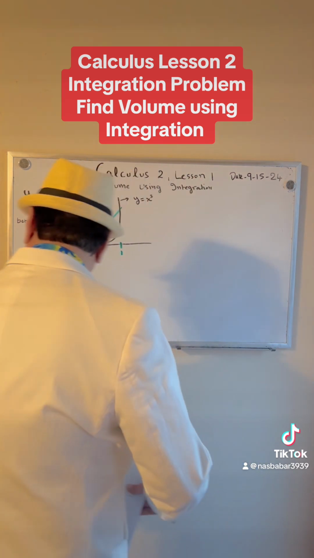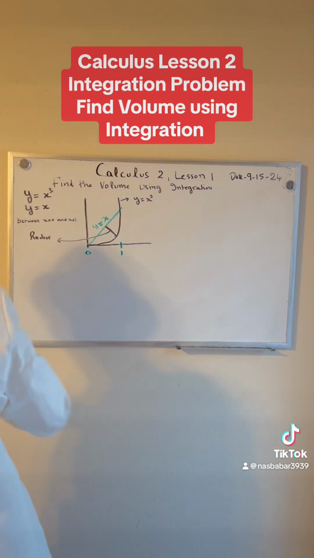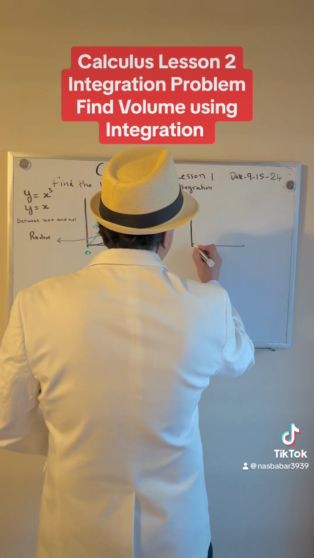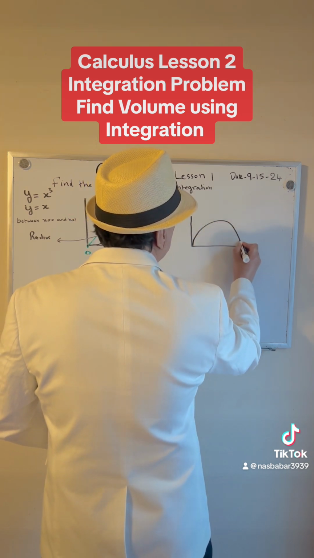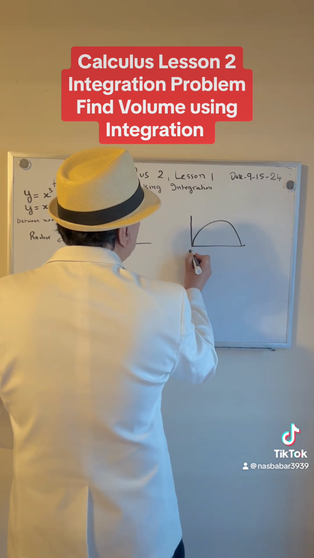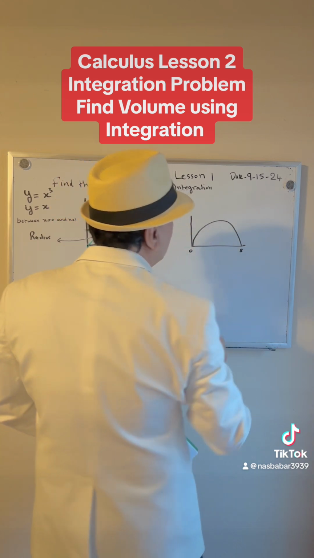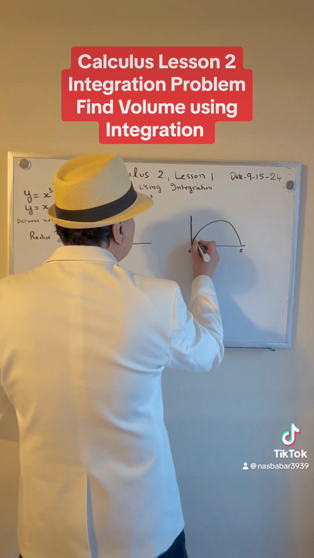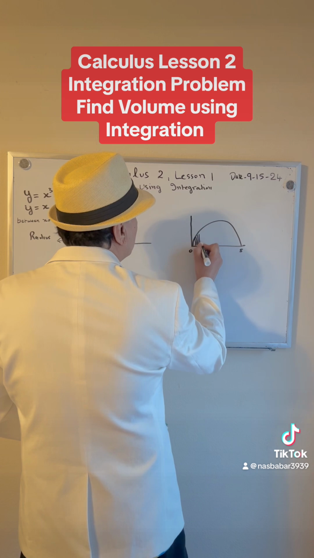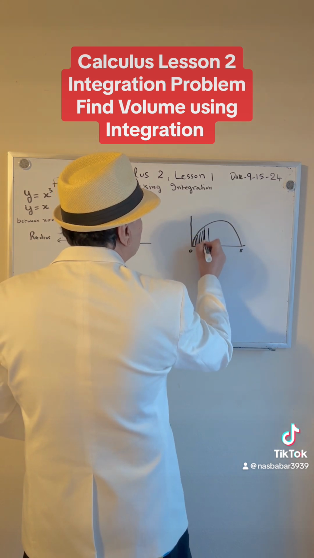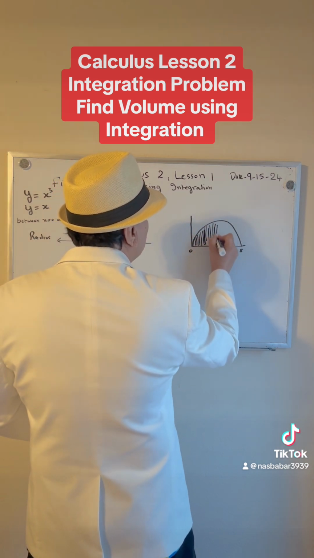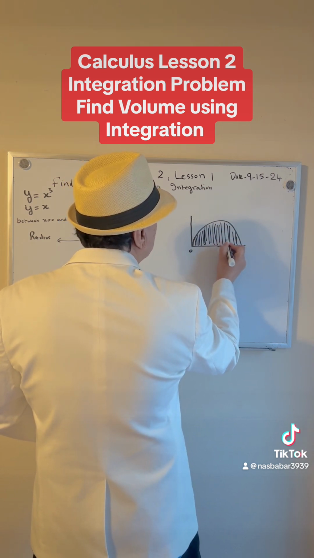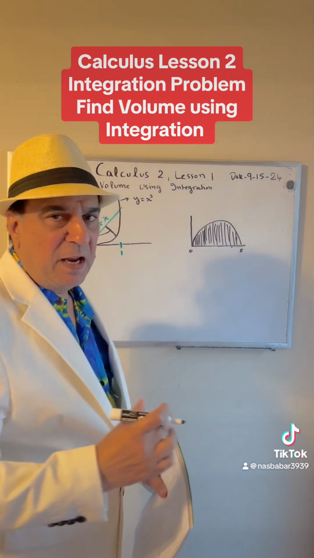For example, let's say you have something like this. Right here, you have a curve like this, right? And I want you to find the area between 0 and 5. So the concept of integration is that you slice it up into small pieces, right here, and then you find the area of all these small pieces and then add them together.